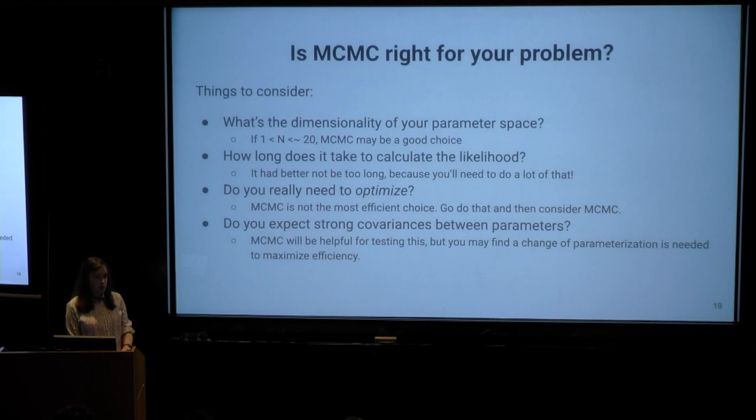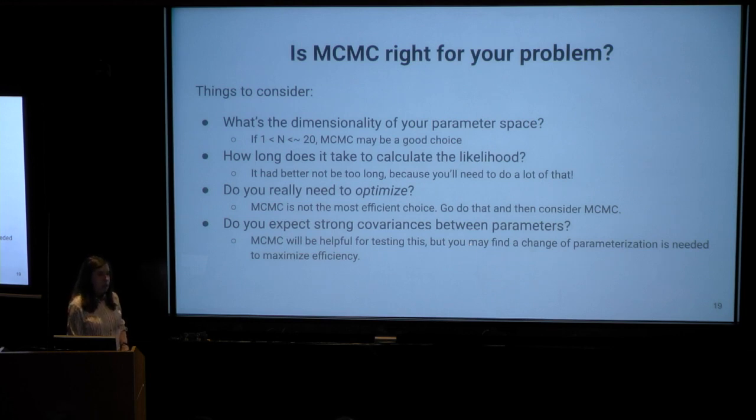And so Dan is going to be talking more later today about more intelligent versions of MCMC and related things that will be a better choice than basic Metropolis-Hastings for this sort of situation.